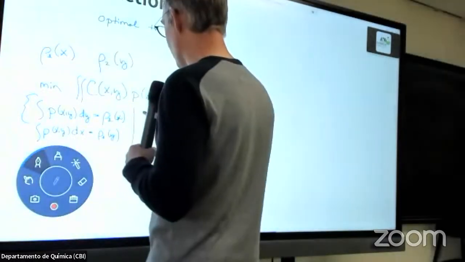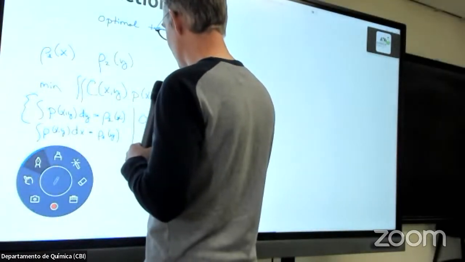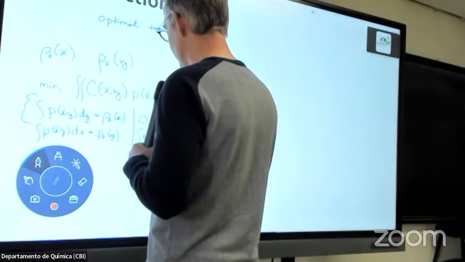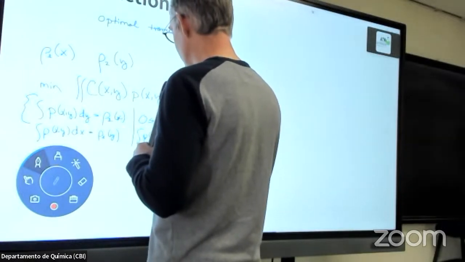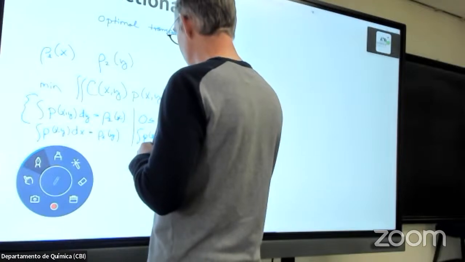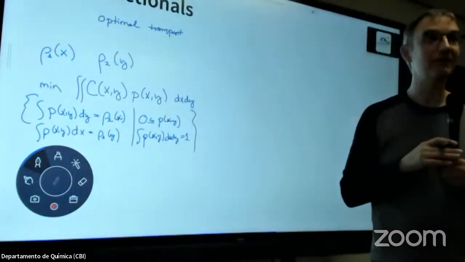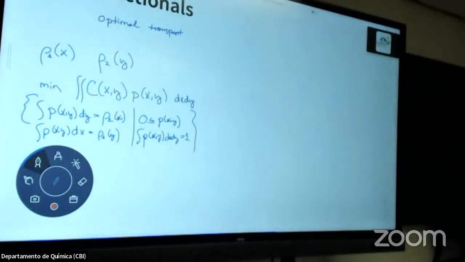And then, the normal thing, 0 is less than or equal to p of x, y, the normal thing that says it is a probability, right? So this is the classical optimal transport. This is just 1800s math, okay?